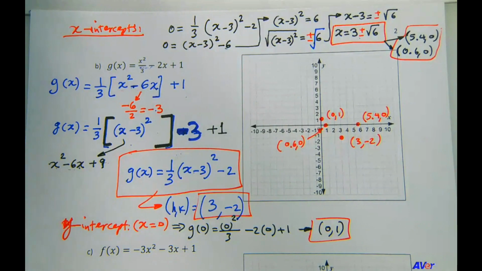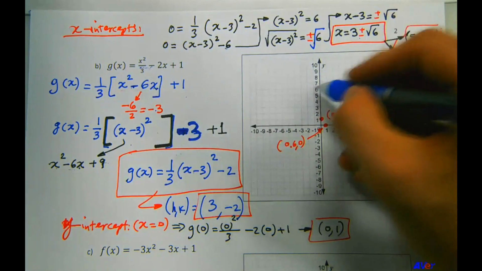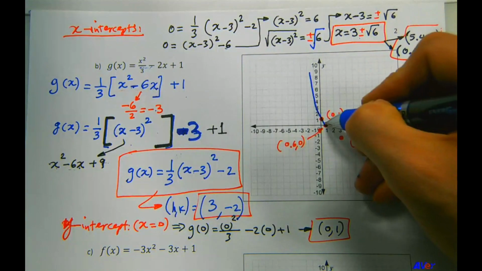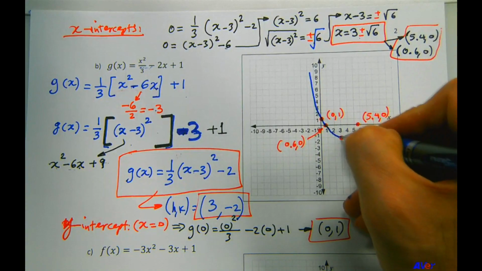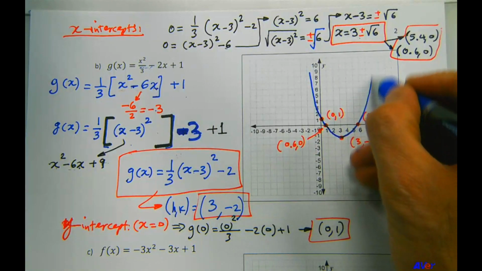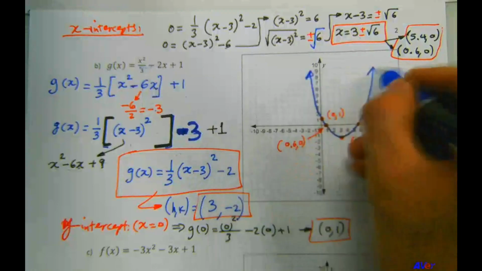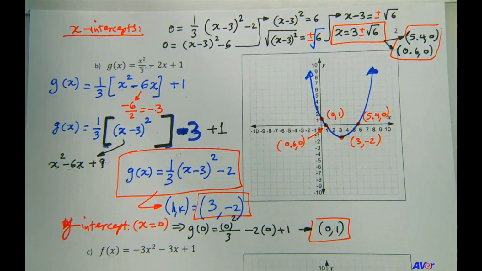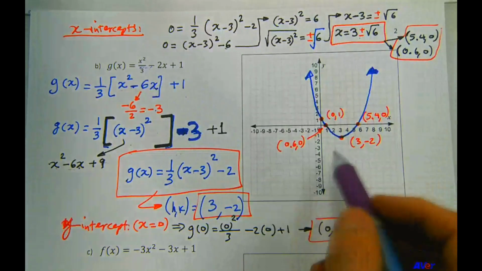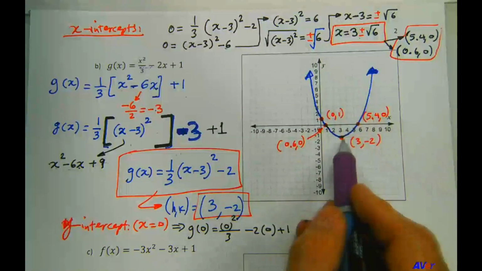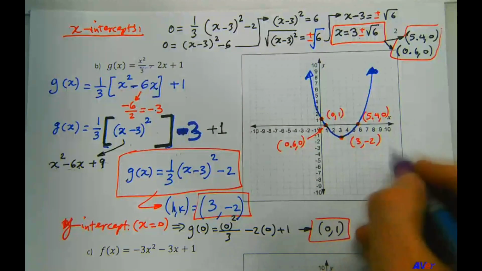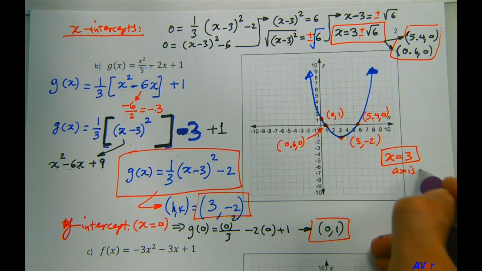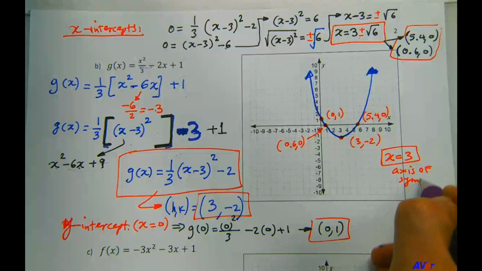Okay, so we have a rough idea where the graph is going. We can come here and draw a line like that, and then hit the vertex, which is a minimum again, and come back up like this. Okay, like that. And the axis of symmetry, they also asked about that, right? The axis of symmetry is going to go right through the vertex. So x equals 3 is the axis of symmetry.